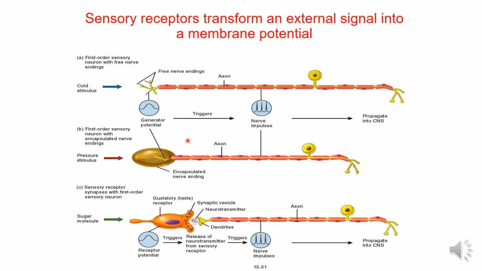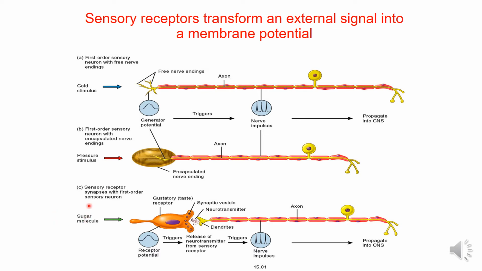Then the receptor potential travels to the first node and is conducted along the axon in the free nerve ending and in the encapsulated nerve ending. They transform the receptor potential, or generator potential, into action potential. Into what? Into action potential.